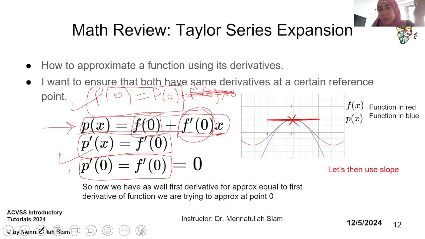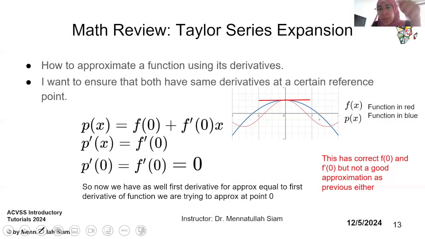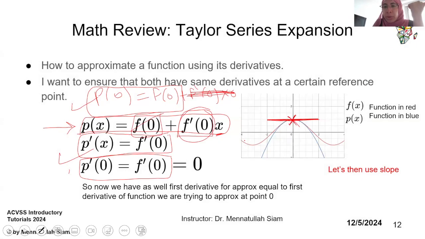But that's not sufficient, because you can have this function where both are intersecting. So p of 0 equal f of 0 at this point, and p bar of 0 equal f bar of 0 as well. Both have the same slope. But this is not a good approximation with respect to this one.